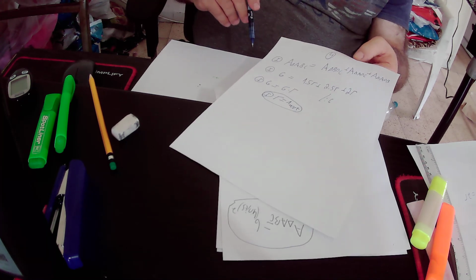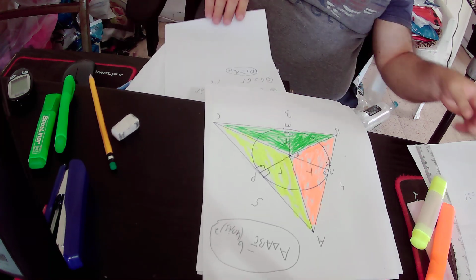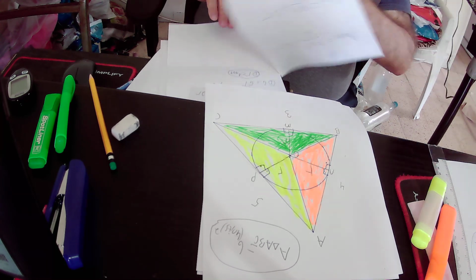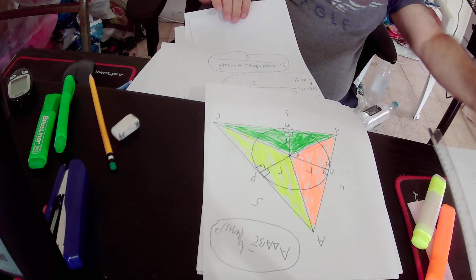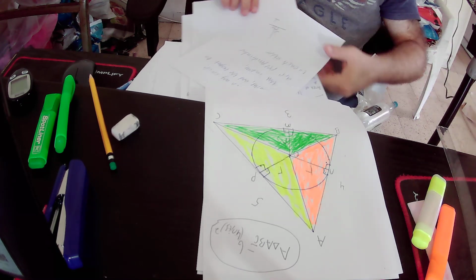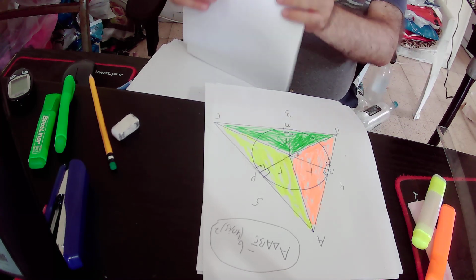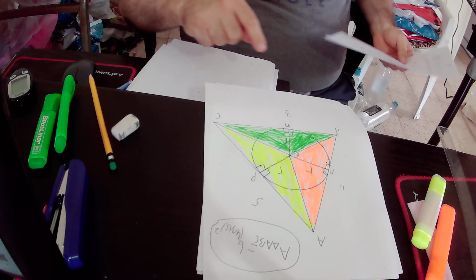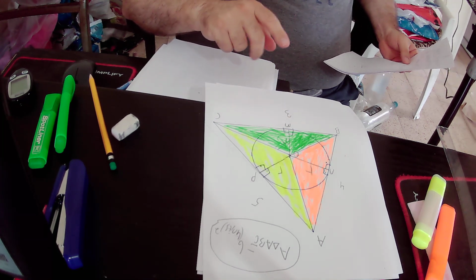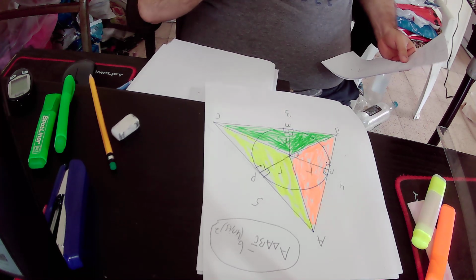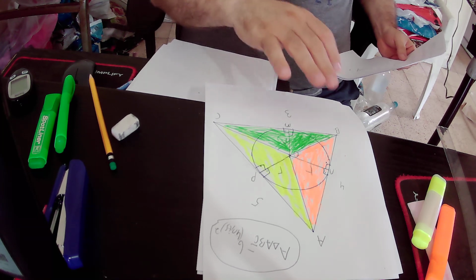Now I will summarize the lecture. We wanted to find the radius of a circle that is inscribed inside triangle ABC.